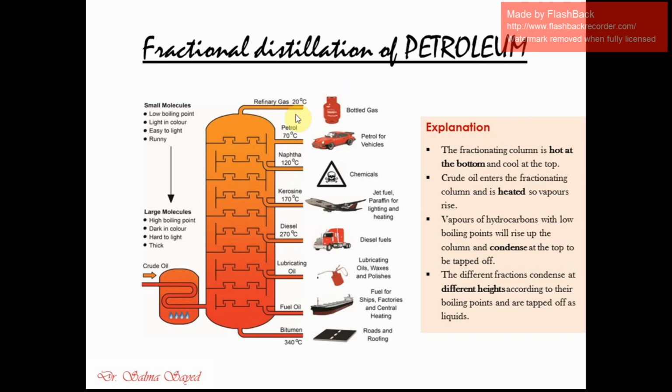Adding on to its properties, it's much easier to light and ignite compared to the ones below it, and it is runny instead of viscous. Those at the top tend to be more runny liquids, they easily flow, whereas the ones at the bottom are more thick or viscous, like the texture of honey.